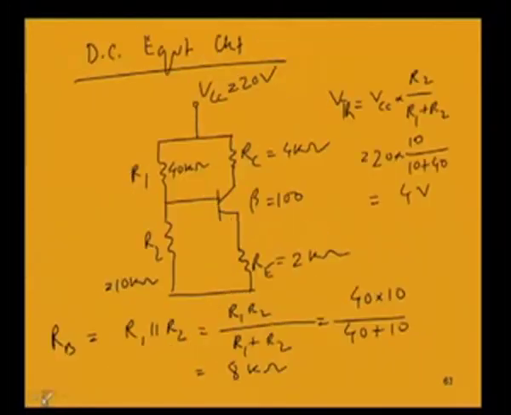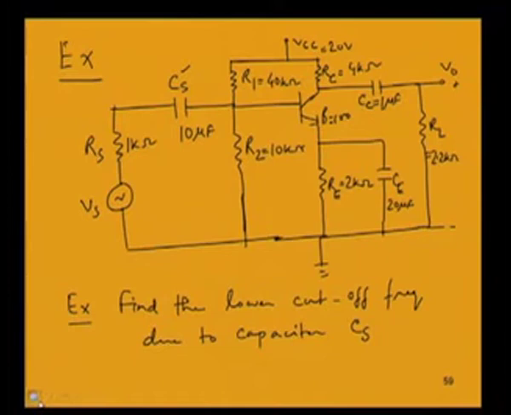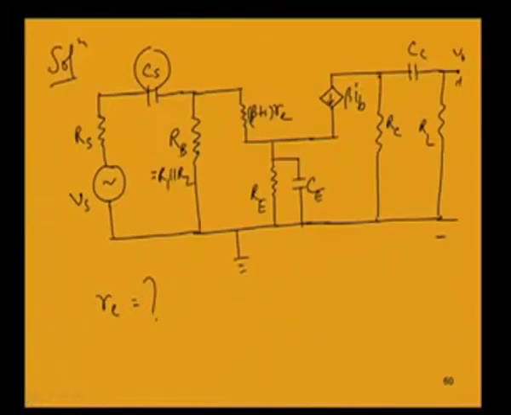So, if we now know this beta plus 1 Re, then the input resistance R in, if we look into the small signal model, is equal to RB parallel beta plus 1 Re.